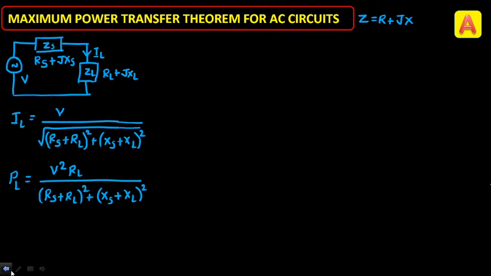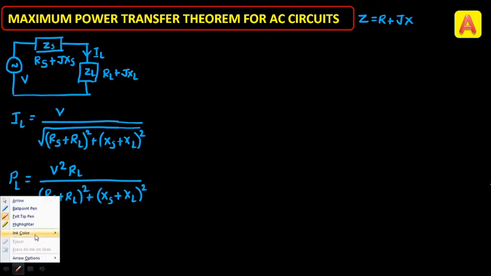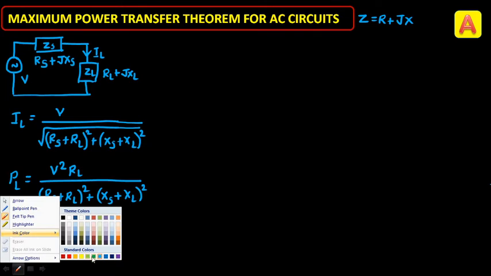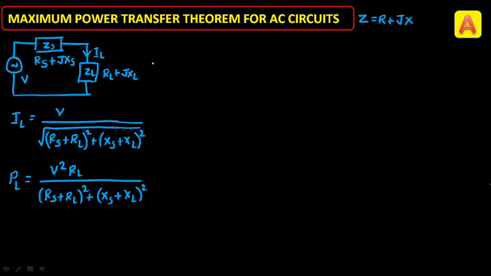Whenever we come across AC circuits, we can find different cases. In case 1, the load resistance RL varies and XL is constant.